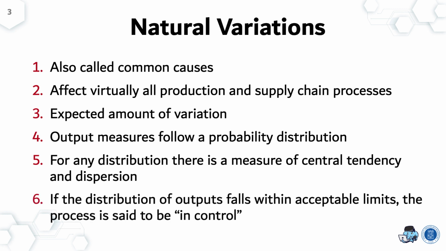If the distribution of output falls within acceptable limits, the process is said to be in control. This is the terminology that we have to keep in mind. That is, in control means the distribution of output falls within acceptable limits.